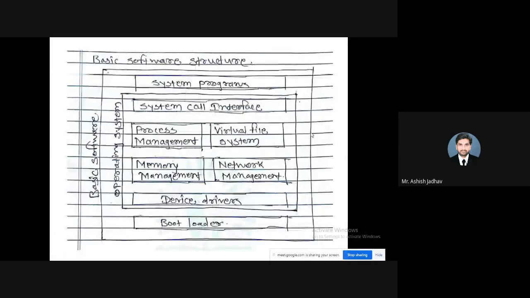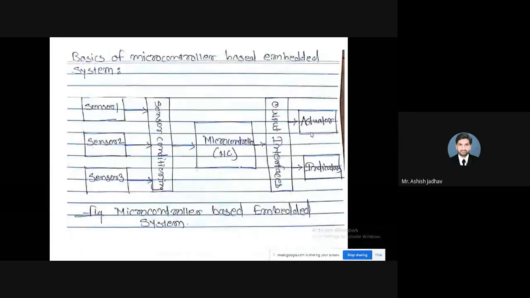Basic software structure. We have different software structures. Let me complete this part first, the basics of microcontroller based embedded system. A microcontroller based embedded system may have a couple of sensors at the input, then sensor conditioning, then microcontroller unit for doing calculations, processing the data, and then doing the control mechanism, and finally it would produce the output, which is given to the interface and actuator.